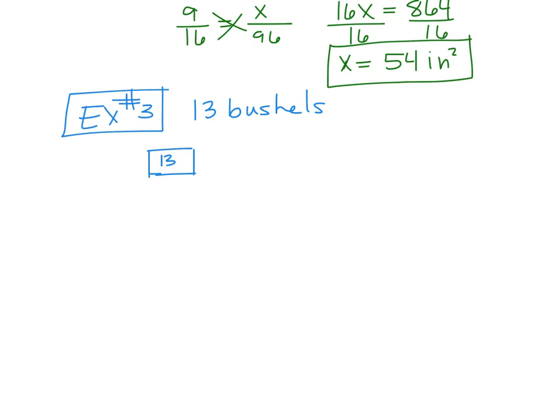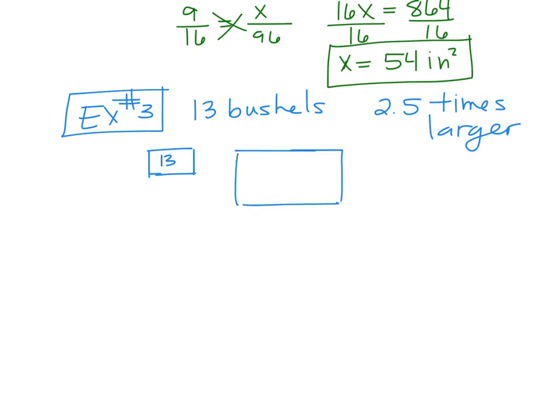It says next summer, they're going to give you a plot of land that is 2.5 times larger. Okay, so your new plot of land is going to be 2.5 times bigger. So 2.5 times bigger is this next plot of land. The question is, how many bushels could you harvest in that plot?